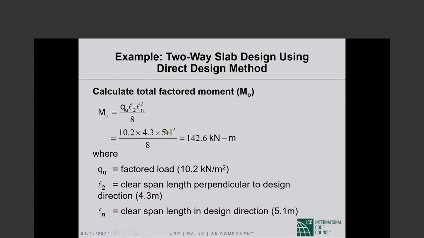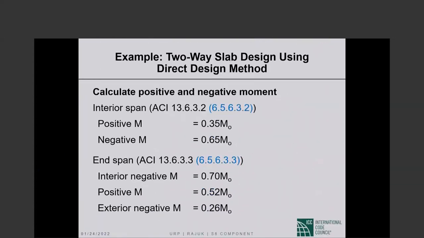Clear span is 5.5 minus 0.4, which is 5.1 meters, squared, divided by 8, is 142.6 kilonewton meters. Interior span, the distribution is 65% to the supports and 35% to the span.